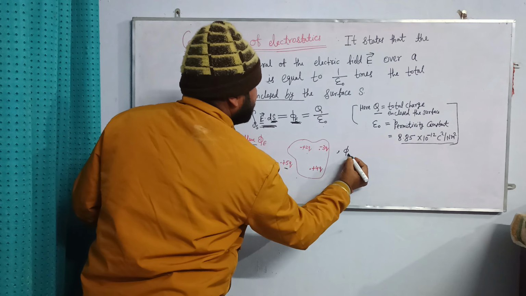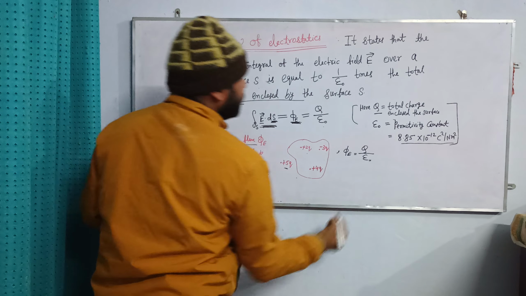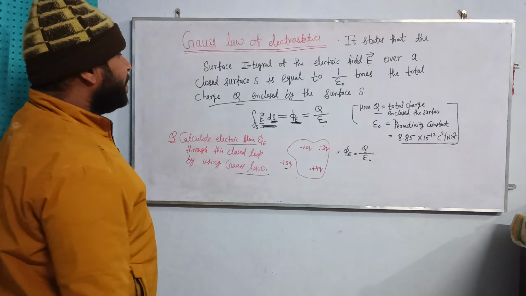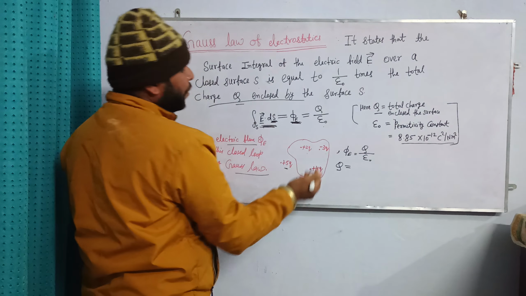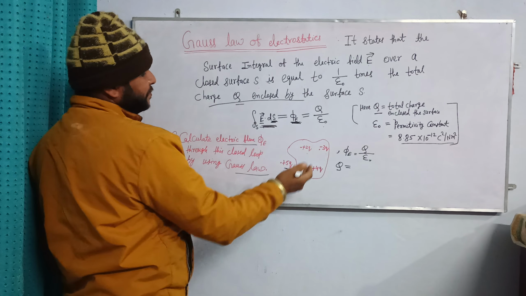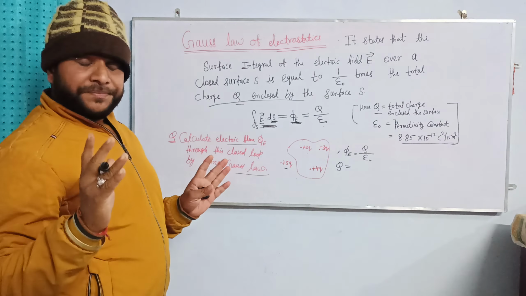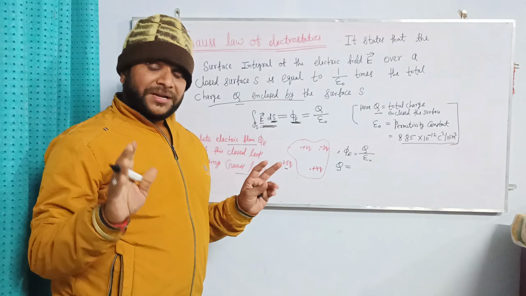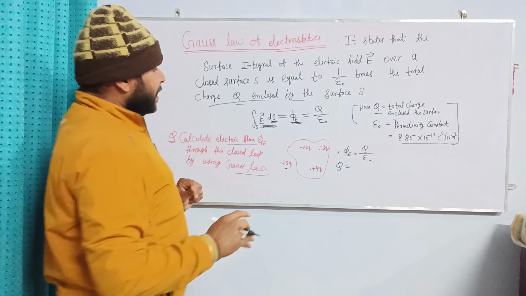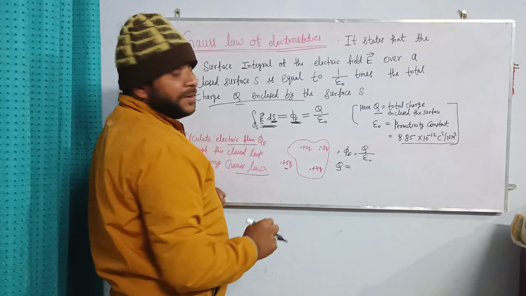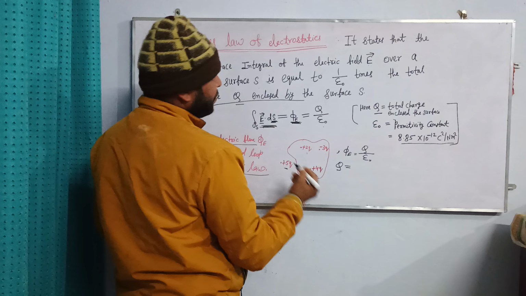Phi E equals Q upon epsilon naught. It is the formula. So we can calculate Q. Q equals the algebraic sum. We will take only the charges that are inside the closed loop, not outside. So what are the charges available inside the loop? Plus 2q, minus 3q, plus 4q.